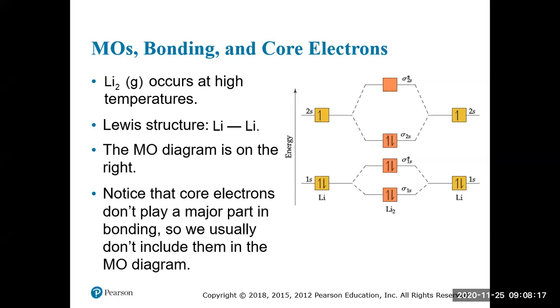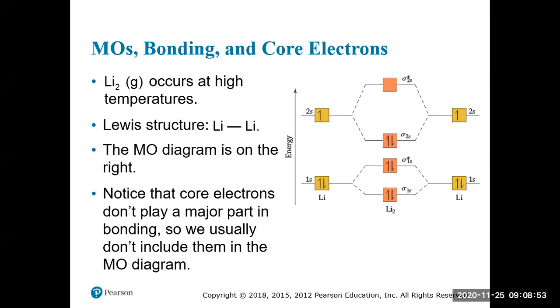It's those valence electrons. So Li2 is possible. It's not common, but it is possible. If we look at the molecular orbital diagram, on the left we have the atomic orbitals for one of the lithium atoms, and on the right we have the atomic orbitals for the other lithium atom. In each case, we have 2 electrons in the 1s orbital and 1 electron in the 2s orbital.